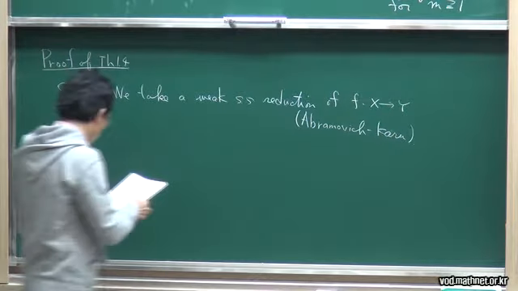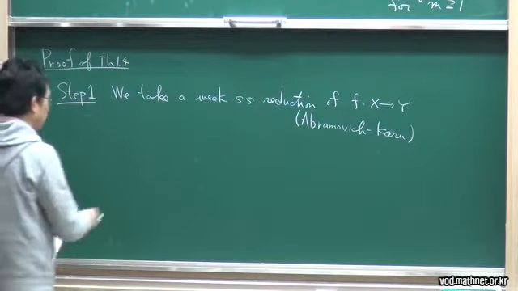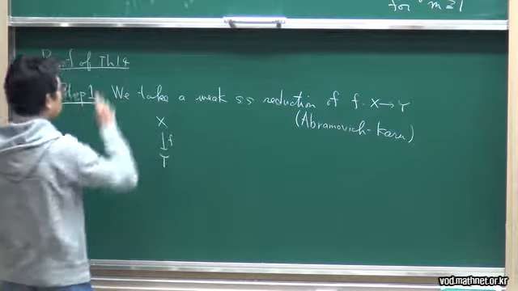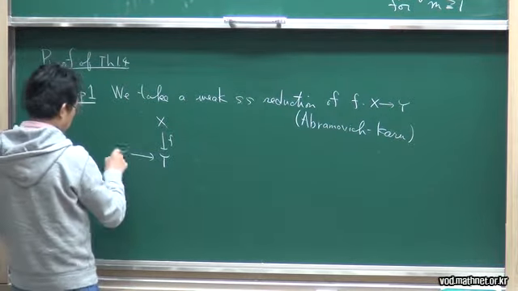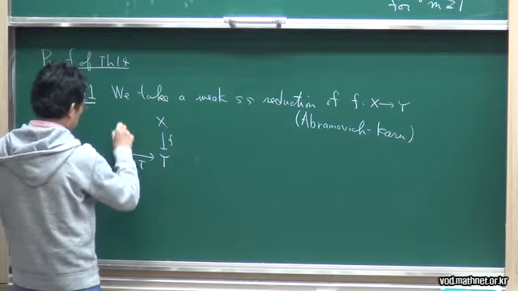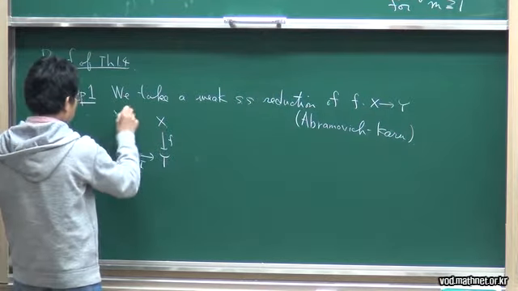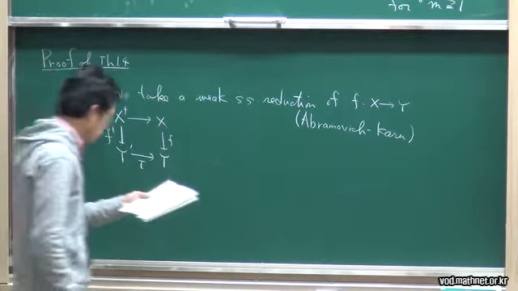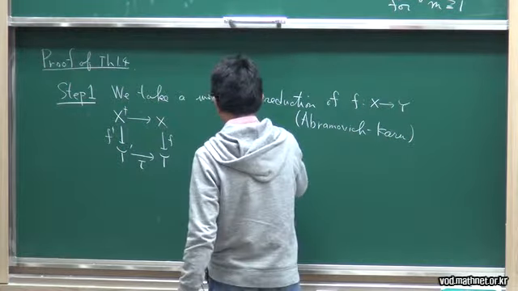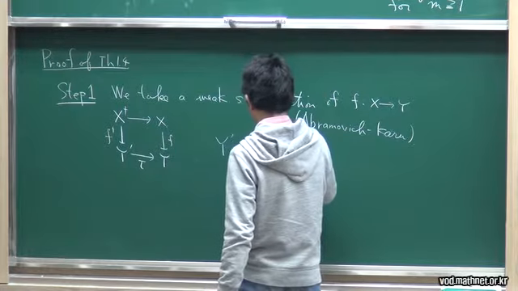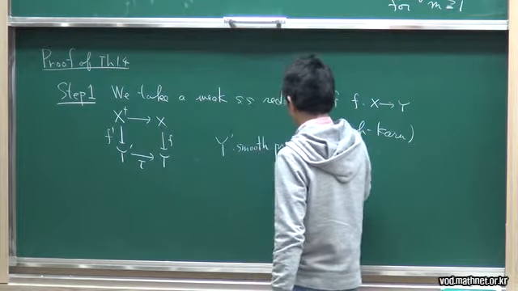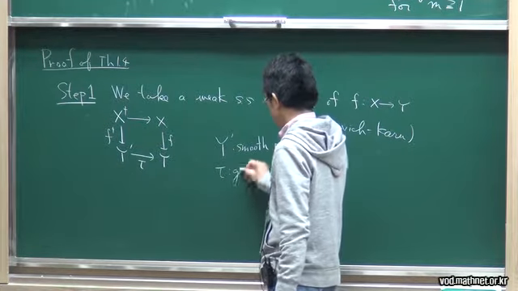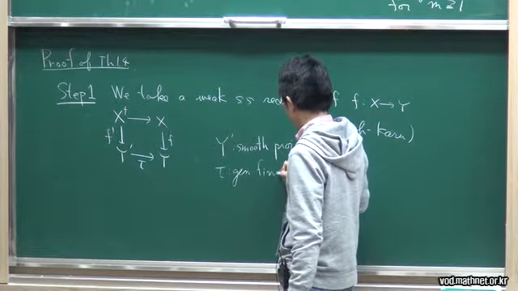So we can construct the following commutative diagram. X to Y is the given morphism, and this is a weak semi-stable reduction, with tau, X dagger, f dagger. Y prime is a smooth projective variety, and tau is generically finite.